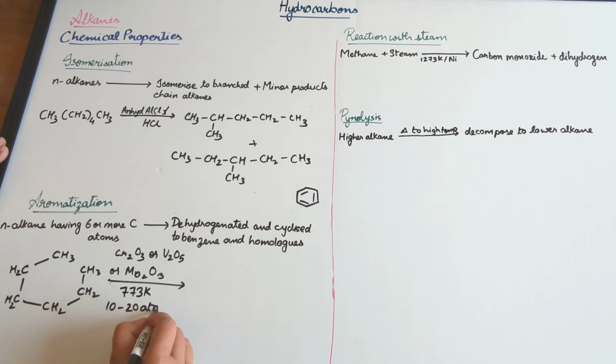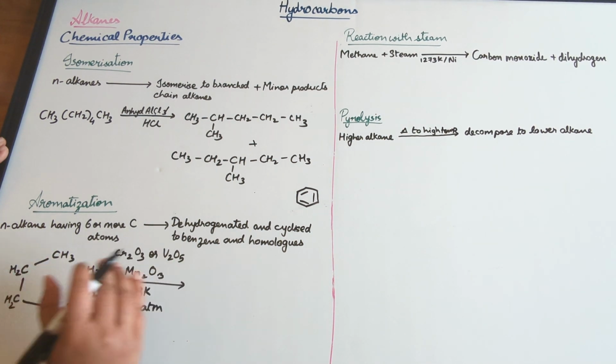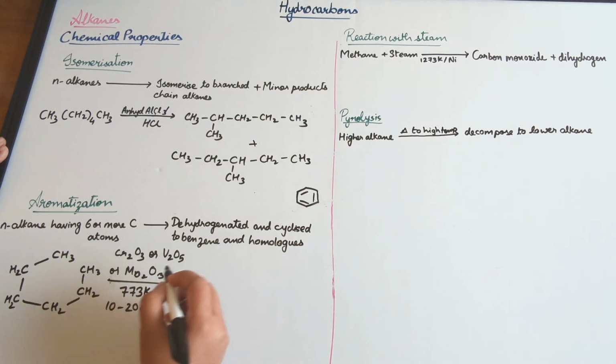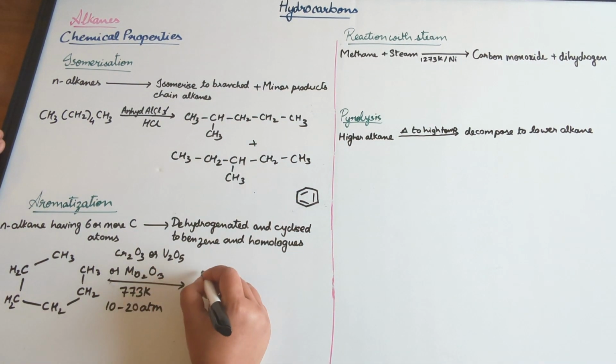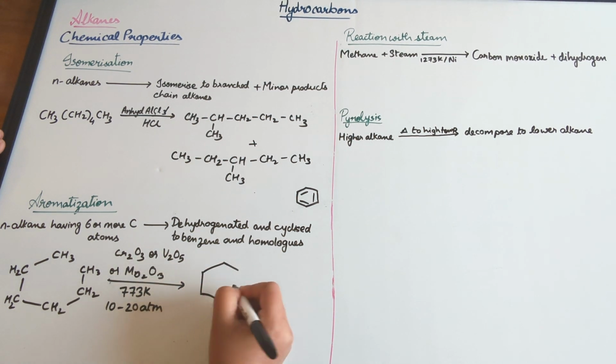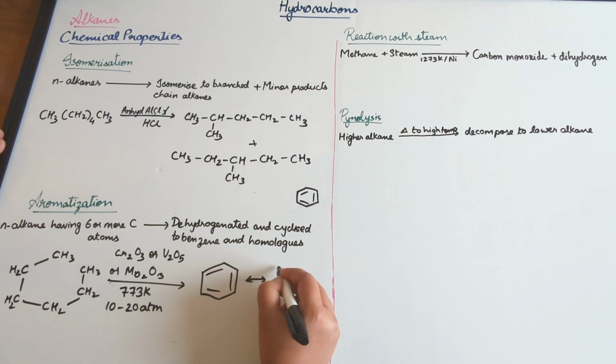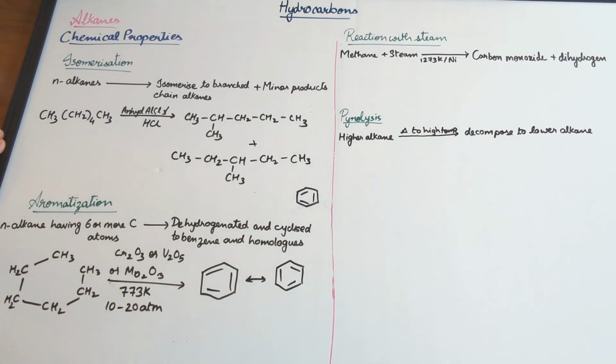So what's going to happen is this is going to get converted to a 6-membered cycle, and basically it's going to give us the benzene ring. And these double bonds can either be in that position or in this position. Why it is like this, I will tell at a later point in this chapter. Now here, if you notice, this is aromatization or reforming.